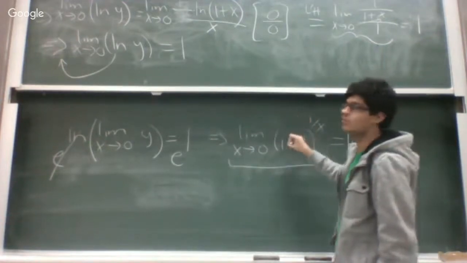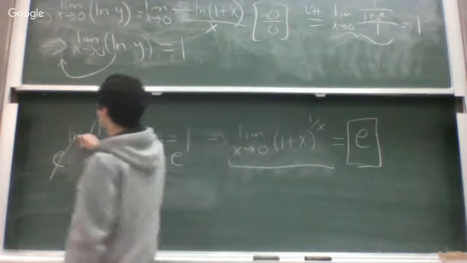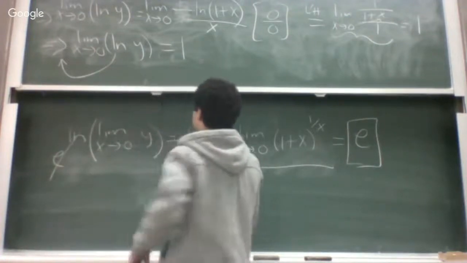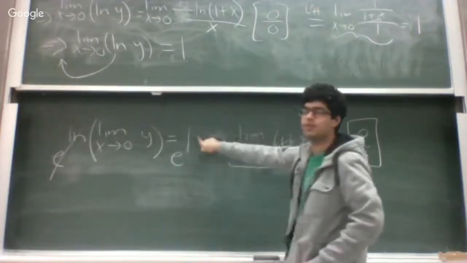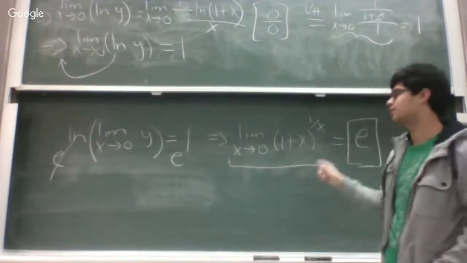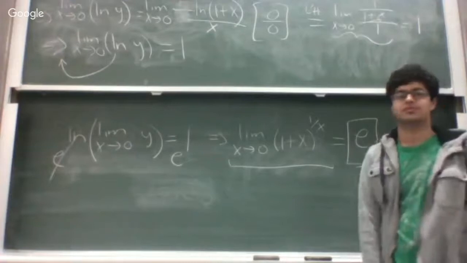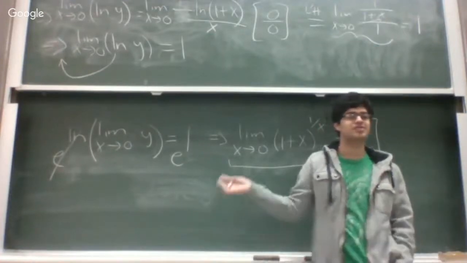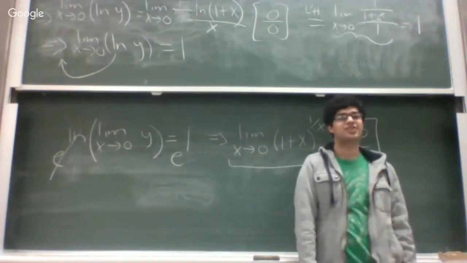So we have to do e to the power of the natural log of the entire thing, so we have to do e to the first power on this side. Any questions?